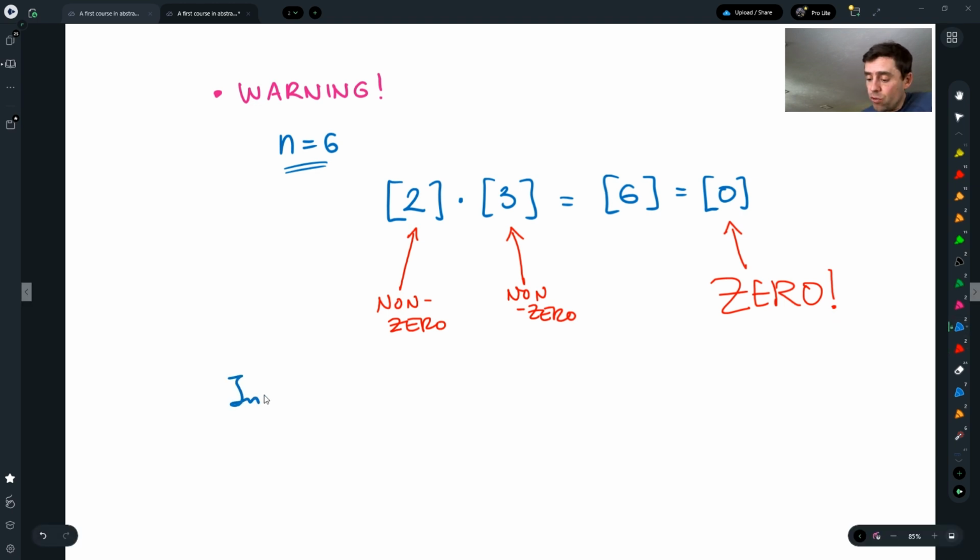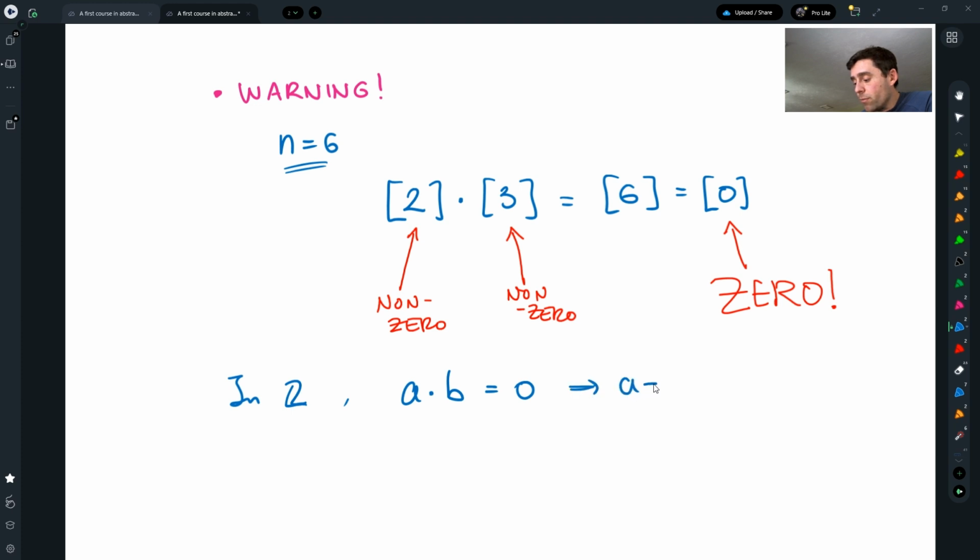In the integers, we always have that if a times b is 0, then a is 0 or b is 0. We also have that in the rational numbers, in the reals, in the complex numbers, but not in Z modulo nZ. And this has catastrophic consequences because, for example, in Z, we also have that if a is non-zero and a times b equals a times c, then we can deduce that b equals c.